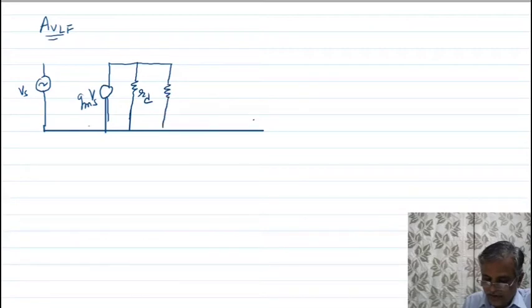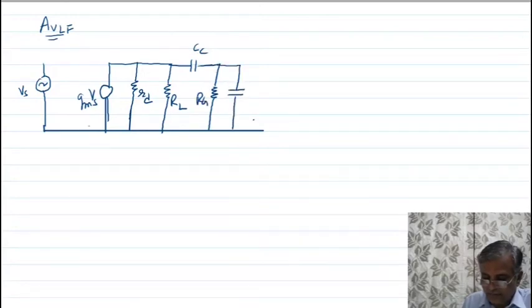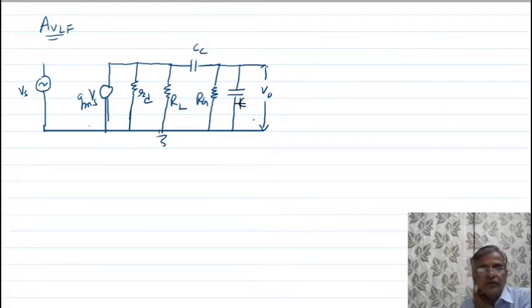This is your RL. This is the coupling capacitor CC. This is the RG, and this is your capacitance C. We have written the resultant shunt capacitance. This we have seen in the first resultant equivalent circuit of a cascade common source.